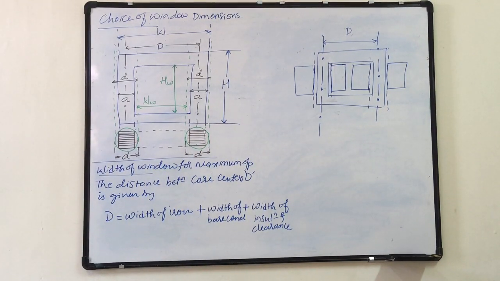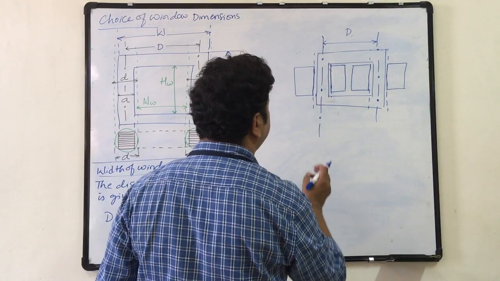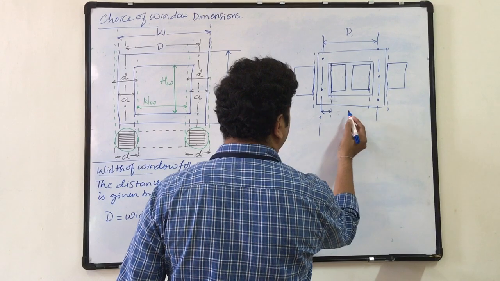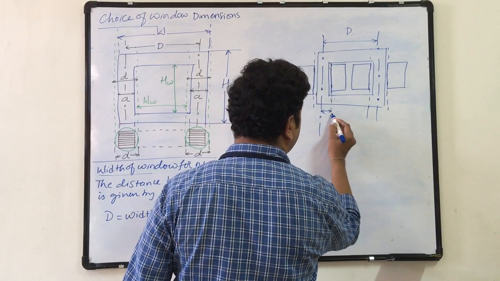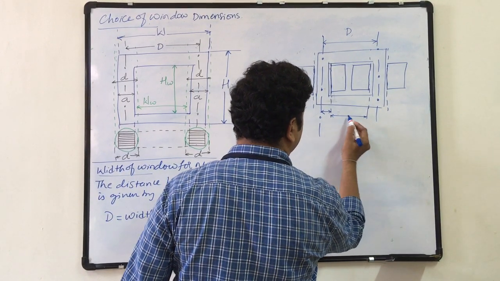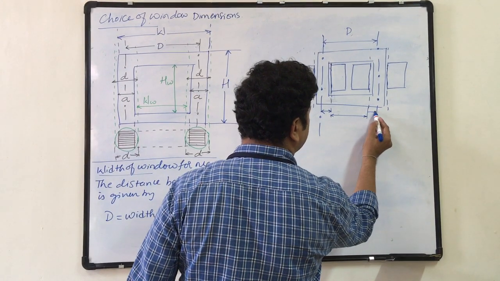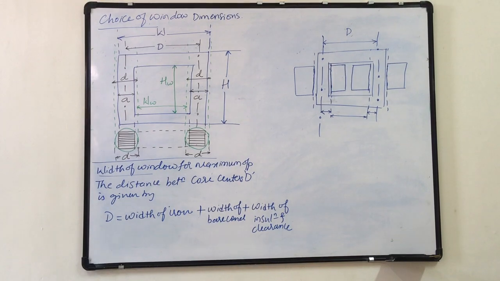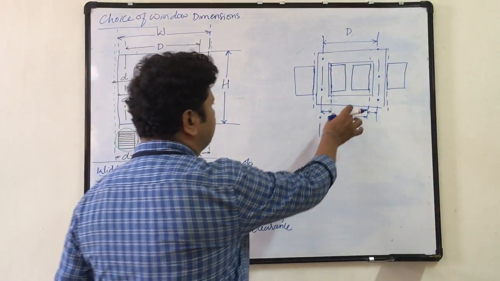So distance between core centers is this width plus this width, plus this width. The three widths will add to the distance between core centers. What is there in between these two we will see.